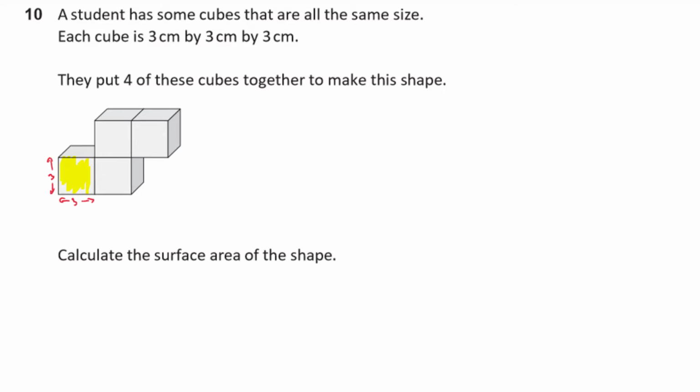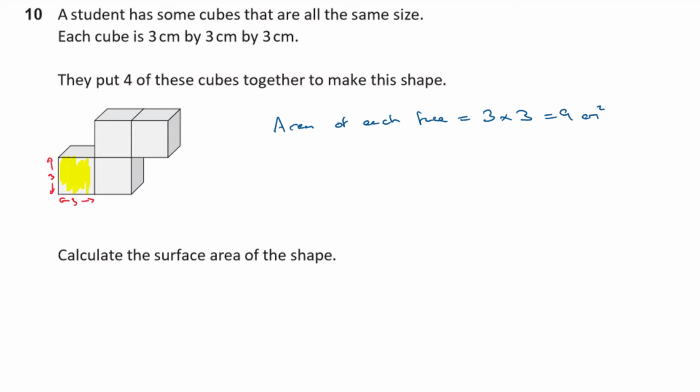So each of the faces is going to have an area of 3 times 3 then, isn't it? Area of each face is going to be 3 times 3, which is 9 centimeters squared, isn't it? Okay. Now normally, if I wanted to work out the surface area of a cube, I would then multiply that by 6, because there are 6 faces of a cube, aren't there?